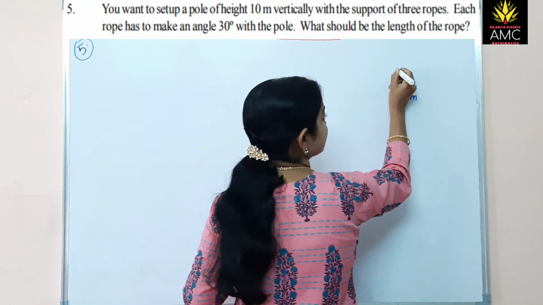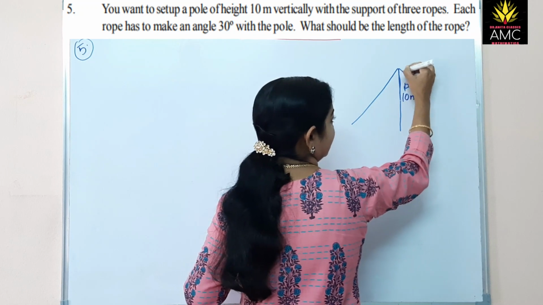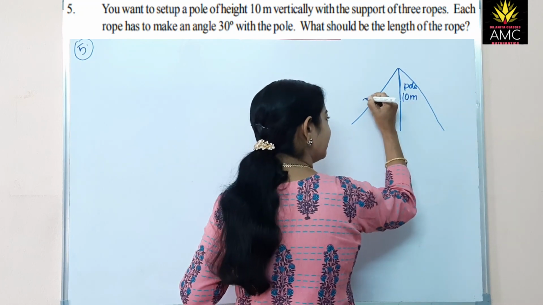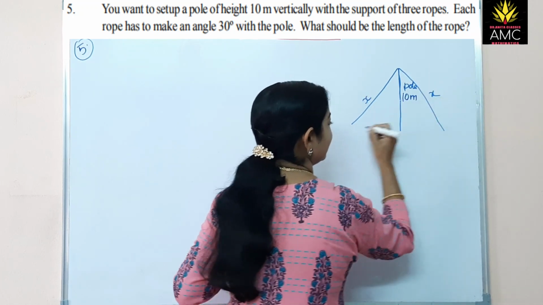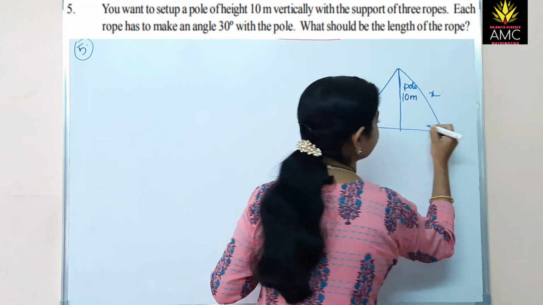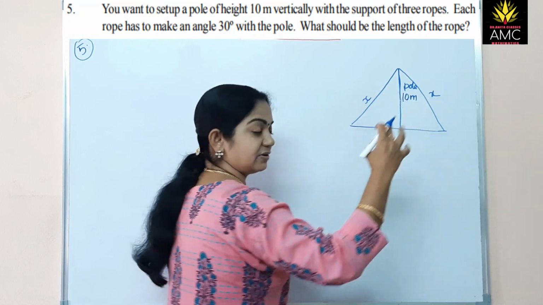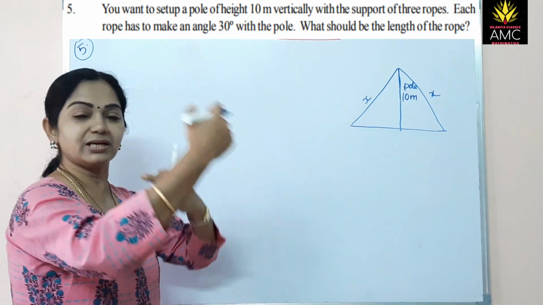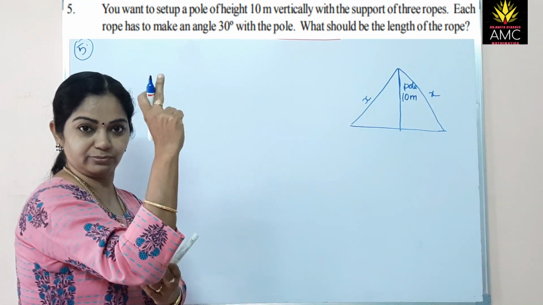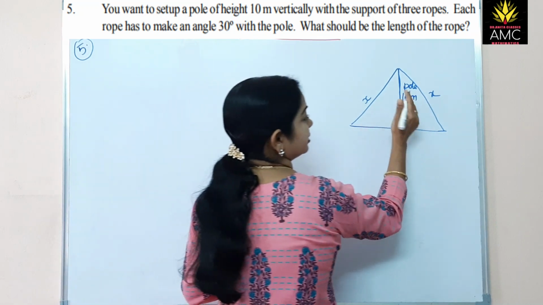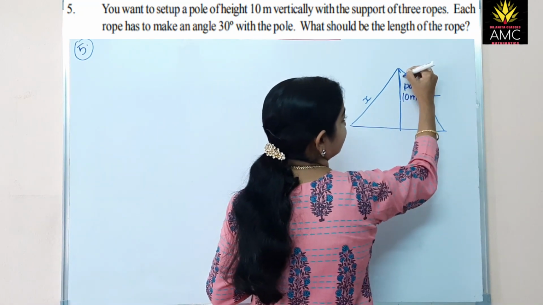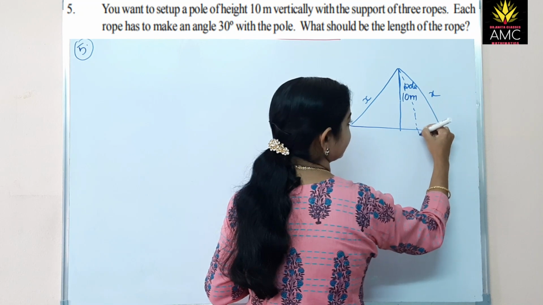To support this, there are 3 ropes. So let the length of the rope be x. Now where can I draw the other? I can visualize the third one. I'll draw it out. So we have to visualize that 3 ropes are tied to erect that pole straight. So this is the pole, and the other one, let me draw it like this.